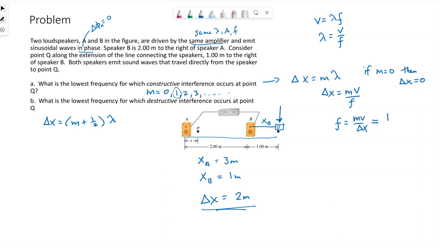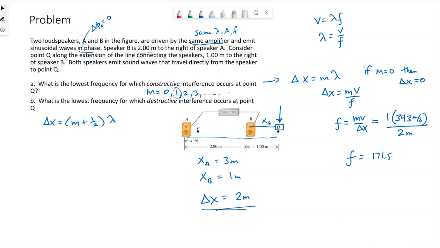Since we're dealing with sound and they haven't given us a temperature or another value of speed to work with, we're just going to use the 343. So if I go ahead and plug in our values, I get 171.5, but we have 3 sig figs.